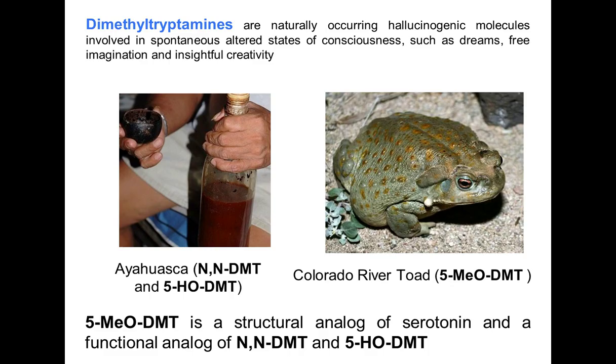But let's return to the other compounds present in these psychedelics. As I mentioned to you in the beginning of the presentation, DMT is this compound with the hallucinogenic effect and the psychedelic effect in the brain. And you have this DMT in two forms. One is N,N-DMT, and the other is 5-MeO-DMT.